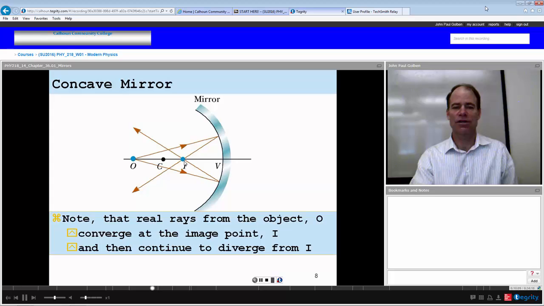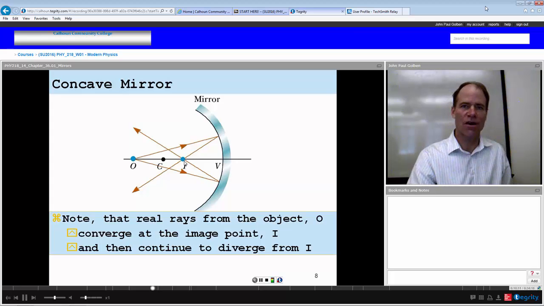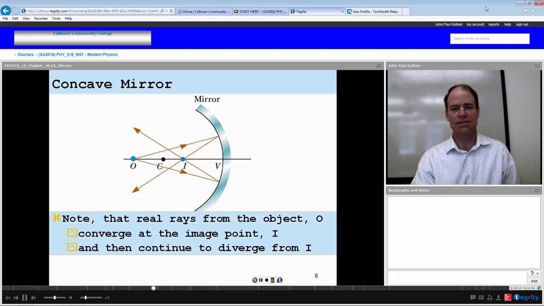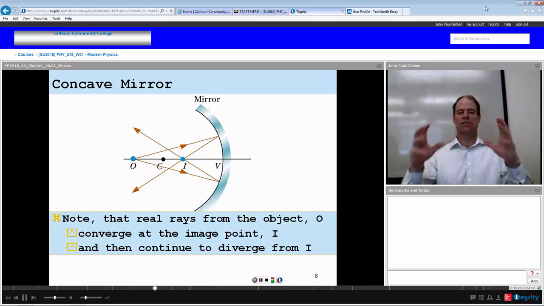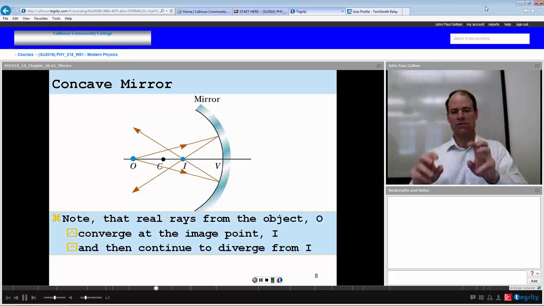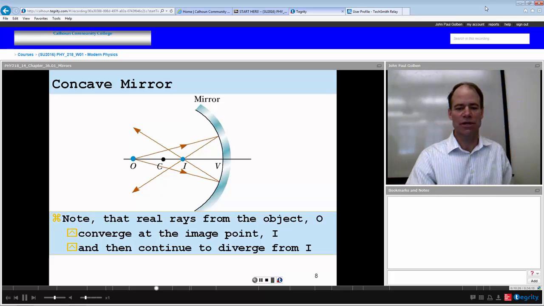Where these two intersect is the location of our real image. This image is formed by the actual rays of light, so if you looked at this point, it would appear like the actual object was at that point. The image is real.